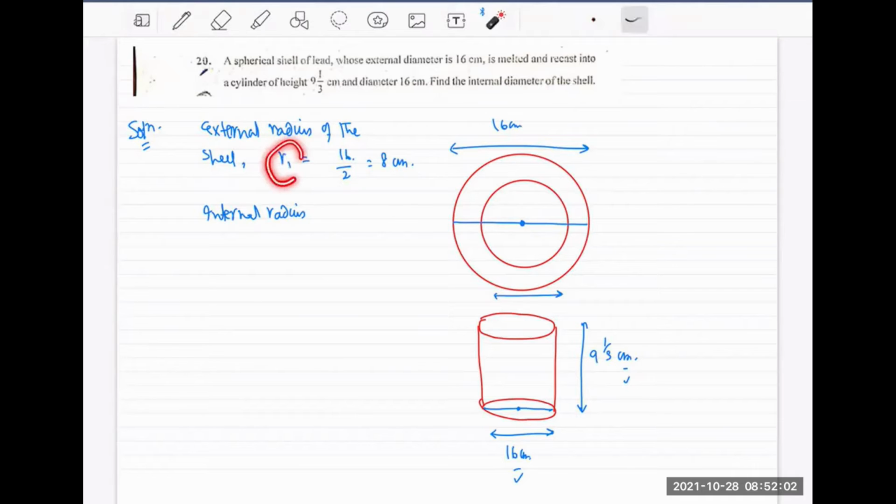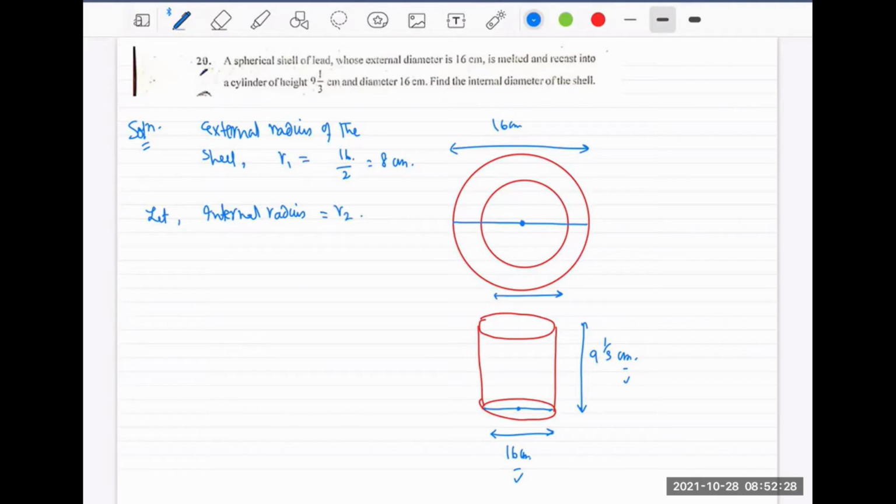So external radius, we denote it by R1. R1 is 8. 8 will be from where to where? From here to here. Internal radius will be from here to here. Get it? External radius, you have to reach here. Internal radius, we don't know. We will take the internal radius as R2.